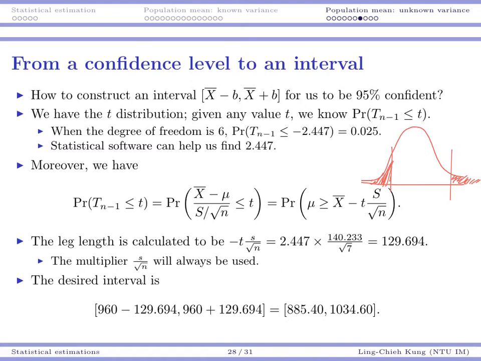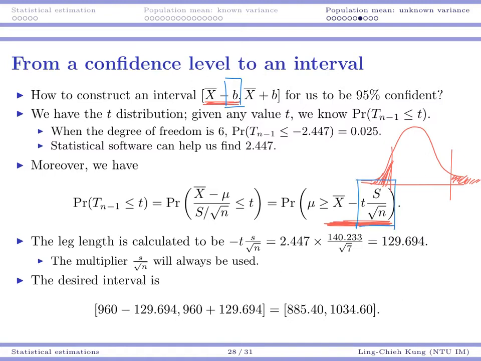So now it's very clear how to get an interval, how to get the lag length. You have this, right? This is your lower bound. And what's this? This is also your lower bound. You are asking what's the probability for this particular thing to be so small, and then you say my lower bound B is this value.